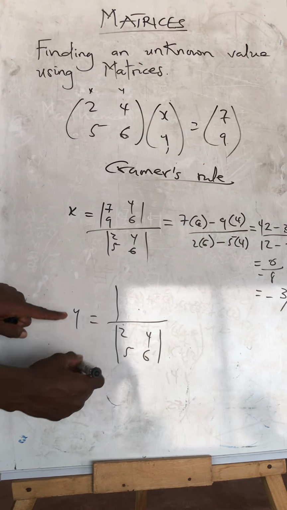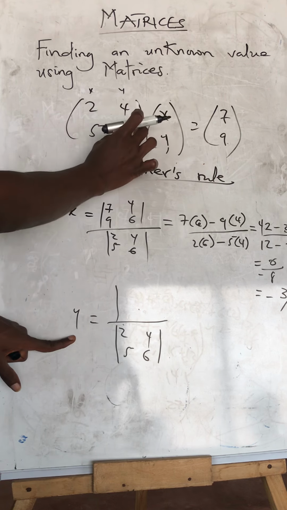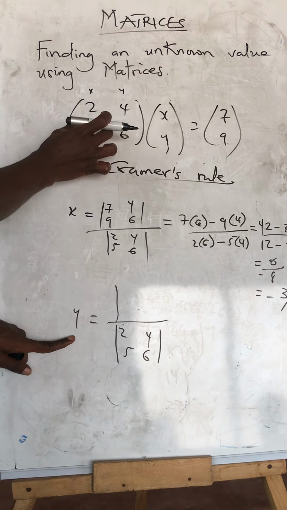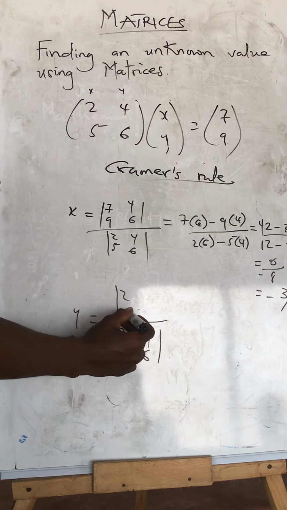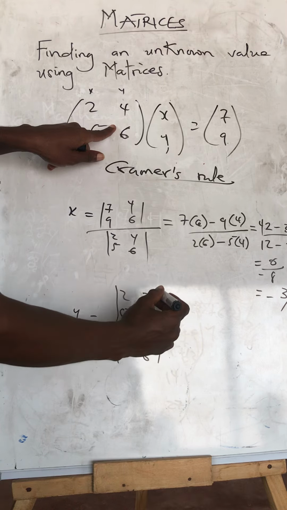Now, since we are looking for y, it means the x column will maintain. We maintain the 2 and 5, and the y column will now change to the 7 and the 9.